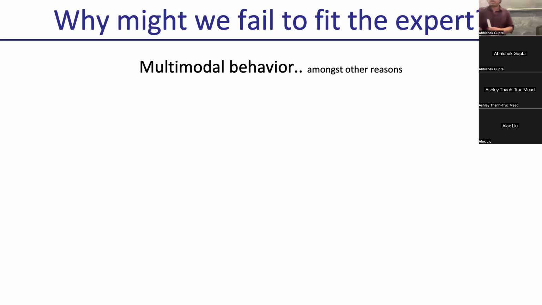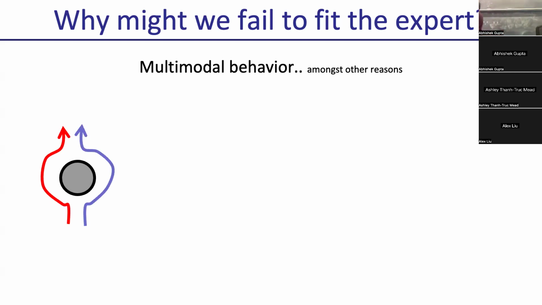Okay? So imagine you had a tree. You have a drone flying right at the tree, and sometimes you go left, sometimes you go right. So it's essentially a bimodal distribution at this point right here: half the people go left and half the people go right. But I'm trying to fit this with a Gaussian. A lot of policies are Gaussian, and last time I described mean squared error.